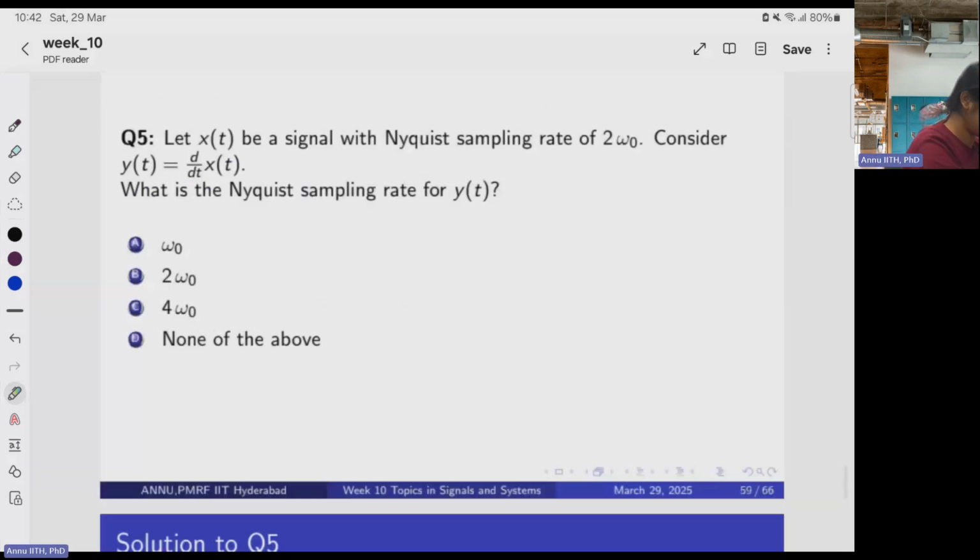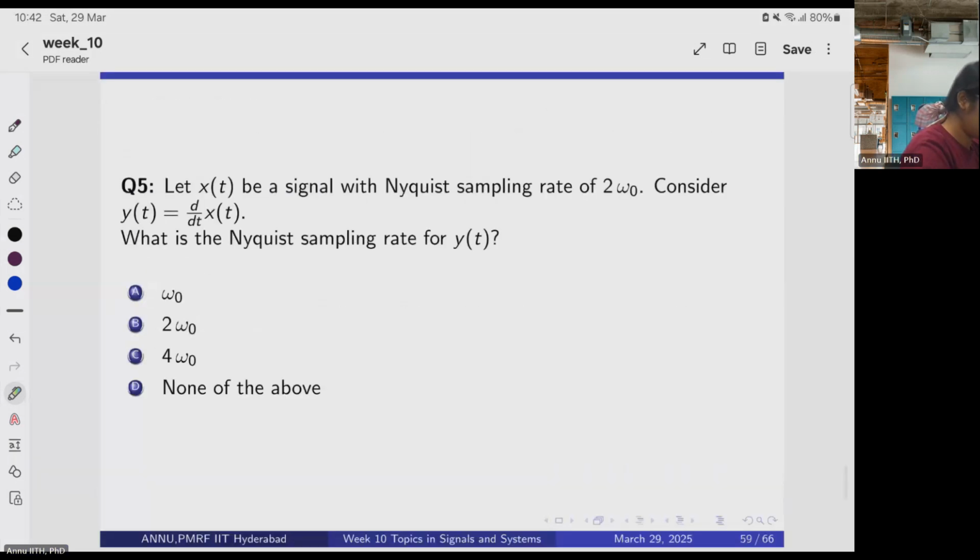With the next question. So if we differentiate, what will be the Nyquist sampling rate? An x(t) signal with Nyquist sampling rate 2 megahertz, what will the Nyquist sampling rate be for its derivative? What do you think? Think about it.